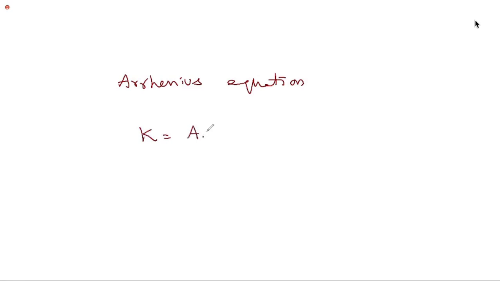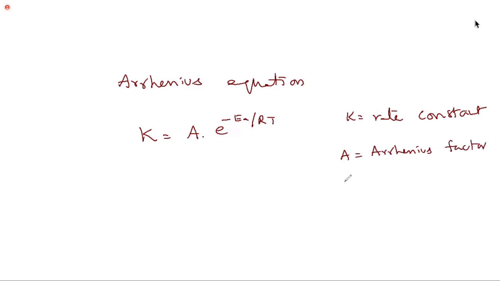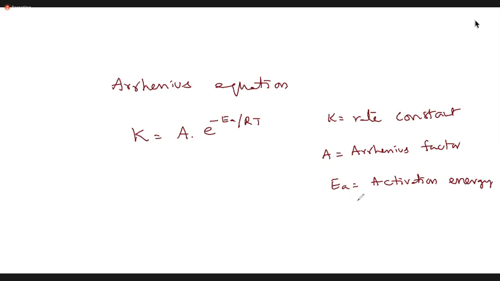K is equal to A into e to the power minus EA by RT. Note it down, all this.